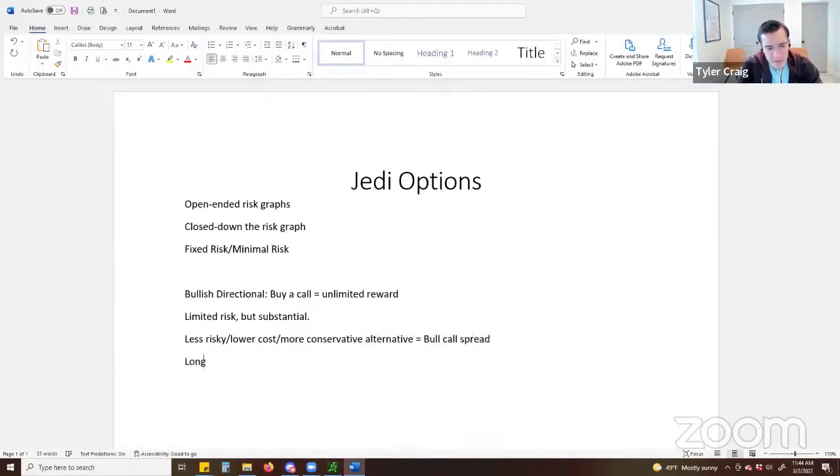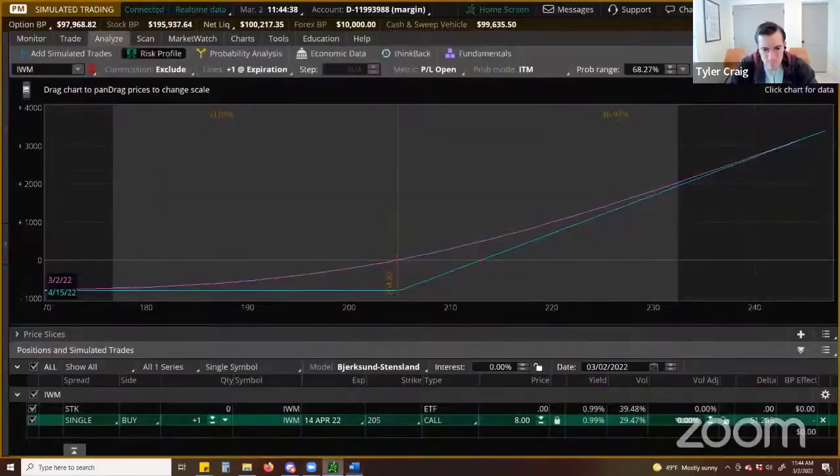Instead of buying the 205 call only, why don't you sell a higher strike call against it, maybe a 215 call? These are going to be in the same month. So I bought an April 205, and I'm going to sell an April 215.